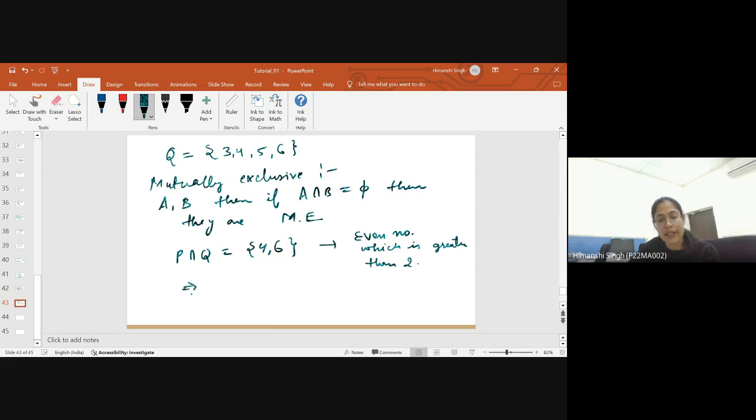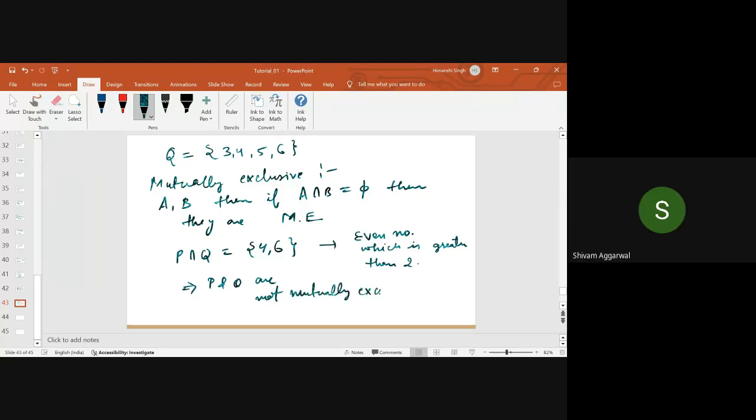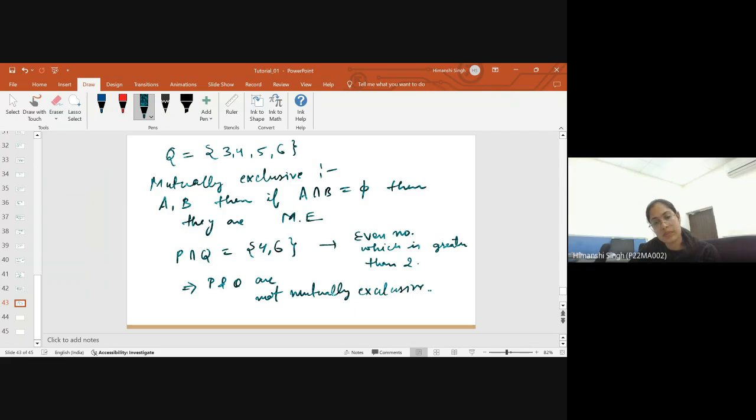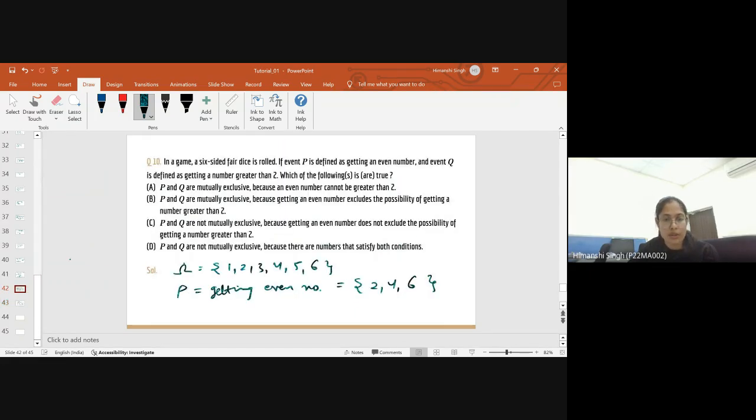So what it implies is that P and Q are not mutually exclusive. Okay, so our first option is gone. Second option is also gone.